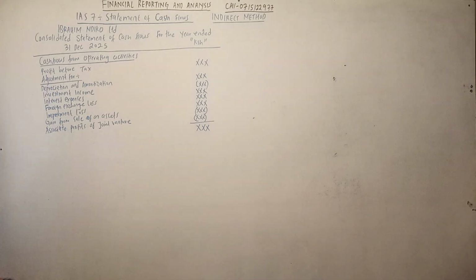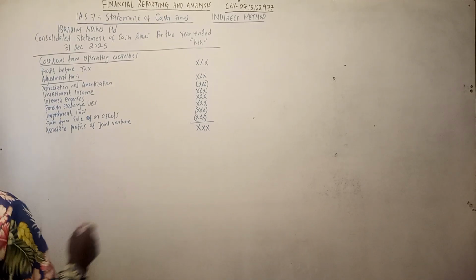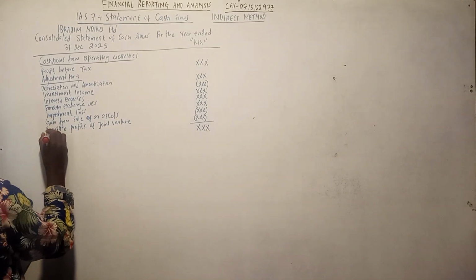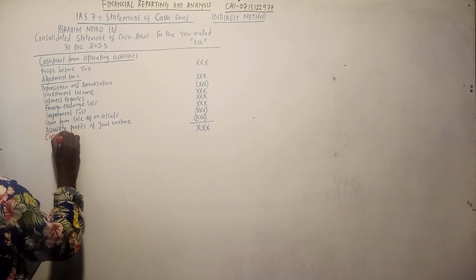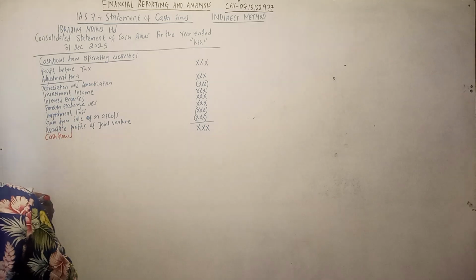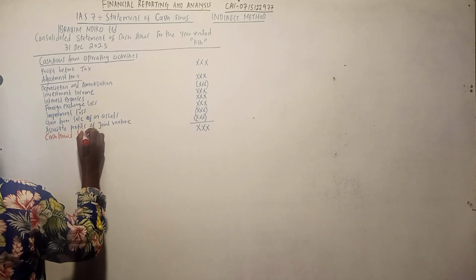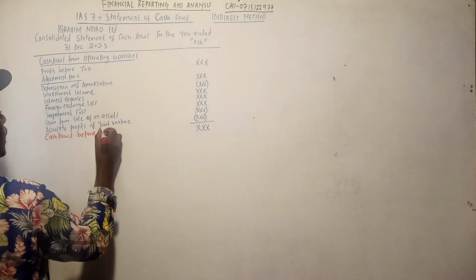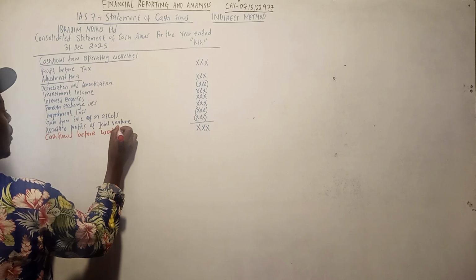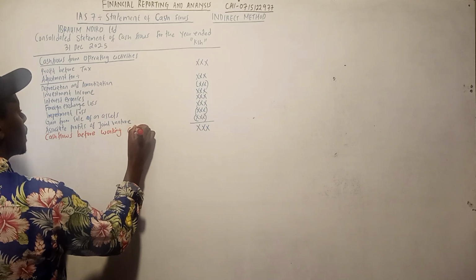Let us use another pen so that we differentiate the headings. You can call it cash flows before our working capital activities.